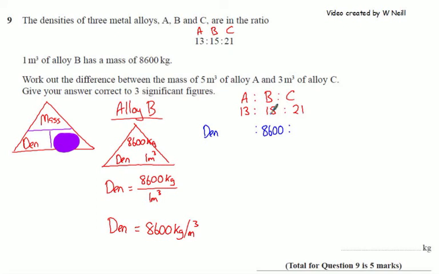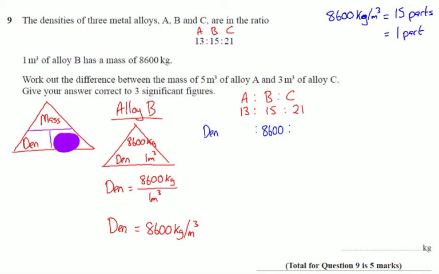We take this up here. Let me give myself some space. So 8,600 kilograms per meter cubed is equal to 15 parts, or 15 shares. So I want to know what 1 part is.